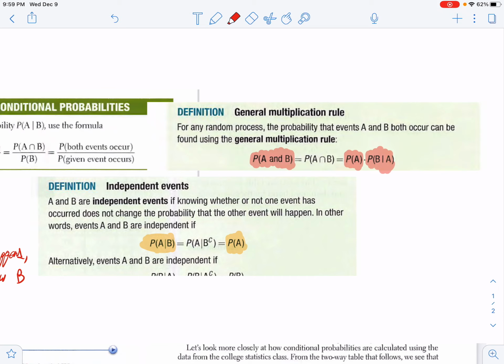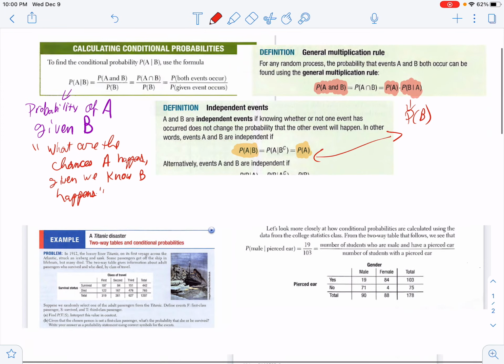And if these are independent, it actually just reduces to our rule from before, because if A and B are independent, this is just the probability of B based on our rule over here. All right, so this is the general multiplication rule. Three rules we can use going forward.